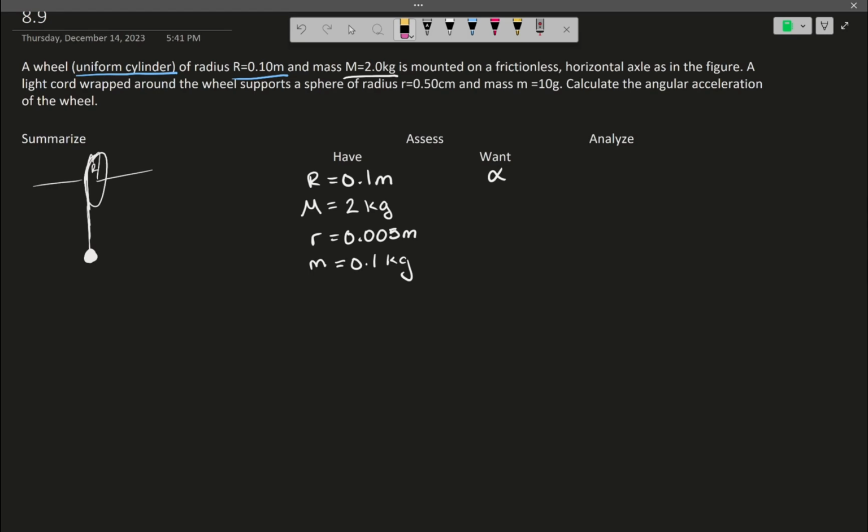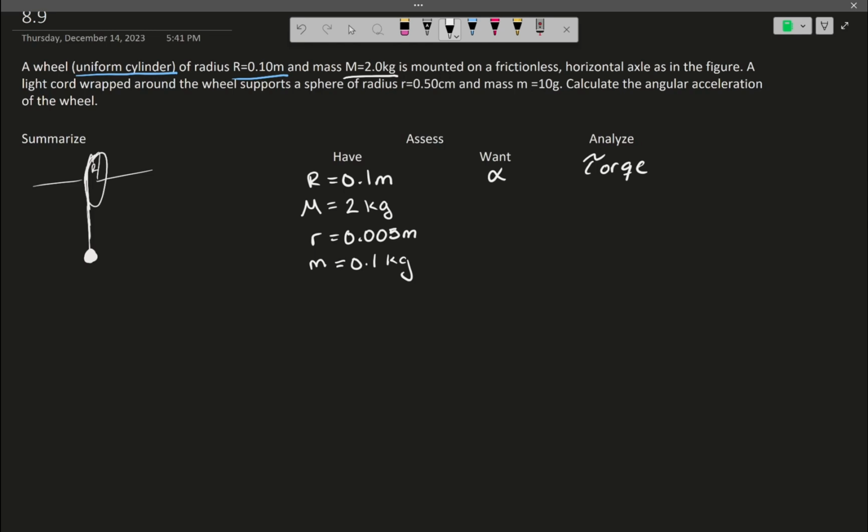So because nothing obvious is given to me in the problem that is going to cause this wheel to have any sort of acceleration, I want to consider forces. I also want to consider torque, because I have angular acceleration here, so I'm probably going to have some sort of torque applied to the object.